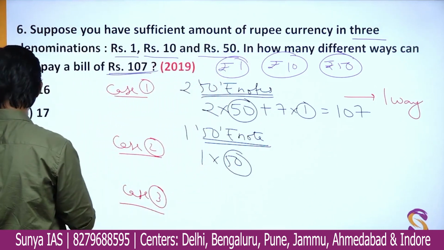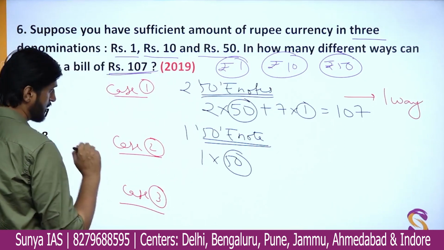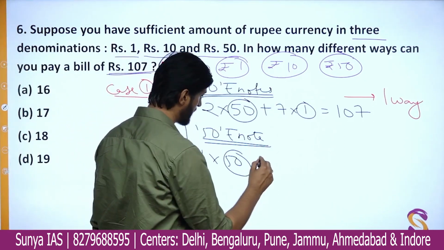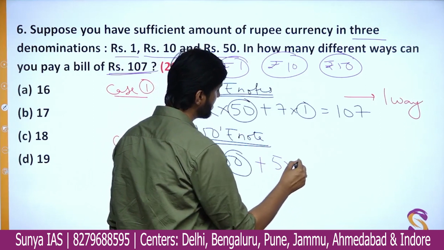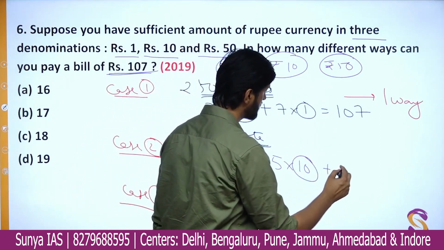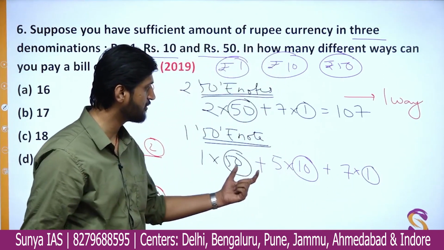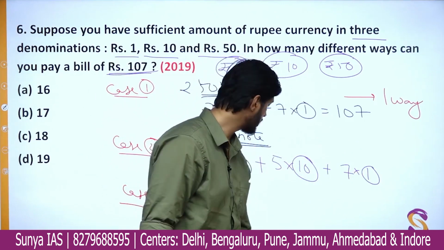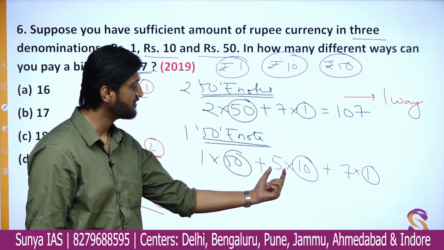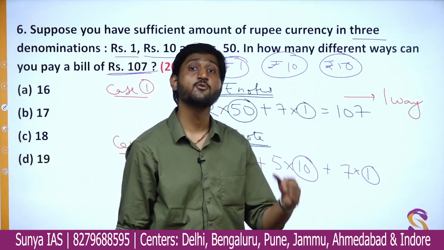Once you are taking this much amount, you can take, now just pay attention, either 5 10 rupee notes or 5 10 rupee coins, and the remaining will be 7 1 rupee coins. This will also make the amount 107. Okay, so you have 1 note of 50, 5 notes of 10, that will make 50, overall 100, plus 7.